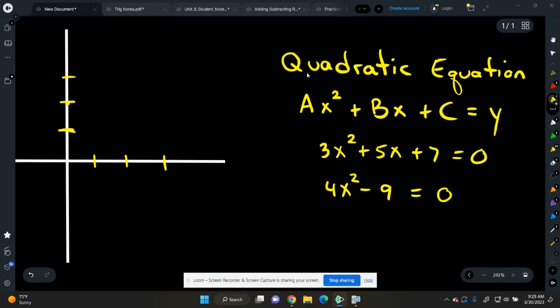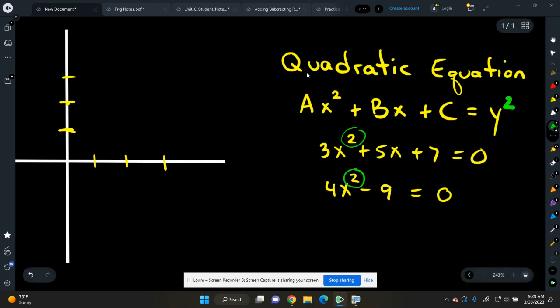Both of those are quadratic. I know they're quadratic because there's an x squared. The y is not squared. In these two examples, there is no y, but we'll talk about that later. It's just the x that's squared.